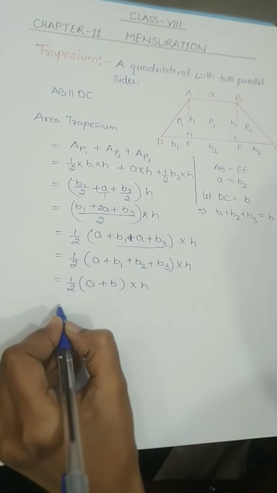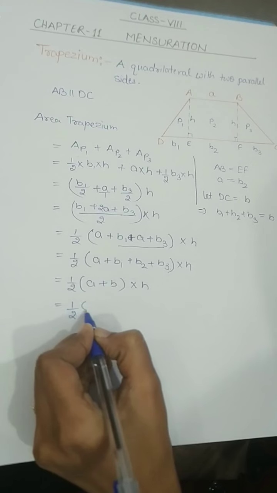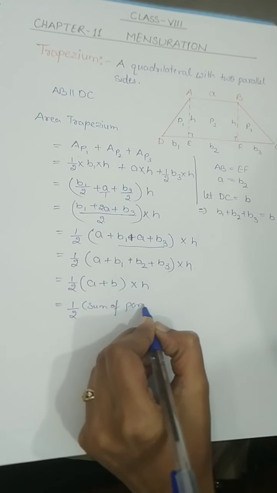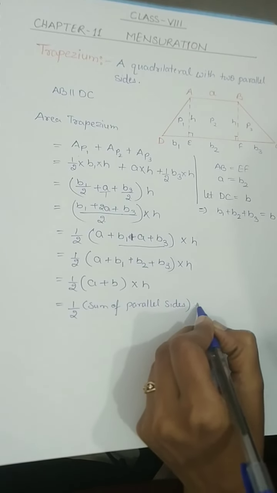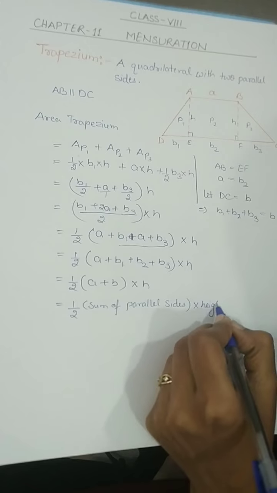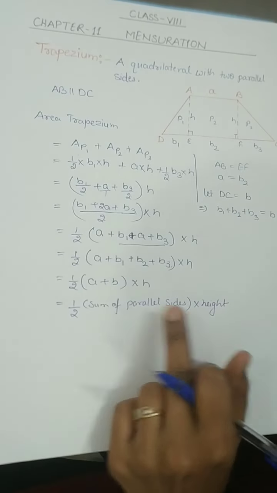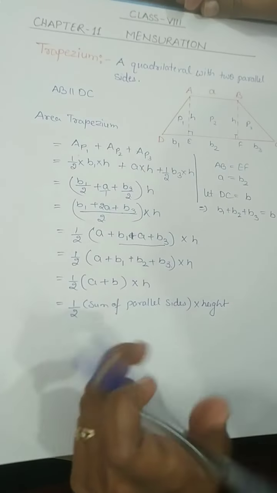In normal language, we can write this as 1 by 2 into the sum of parallel sides into height. You can see why I am writing the sum of parallel sides: AB and DC are parallel to each other.